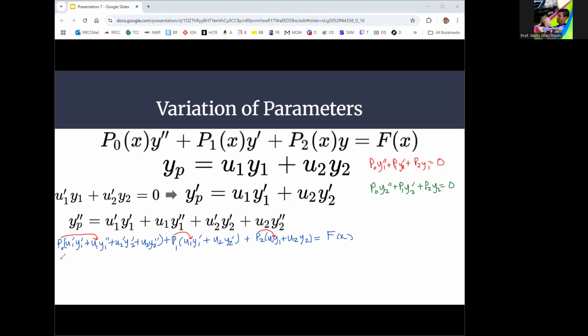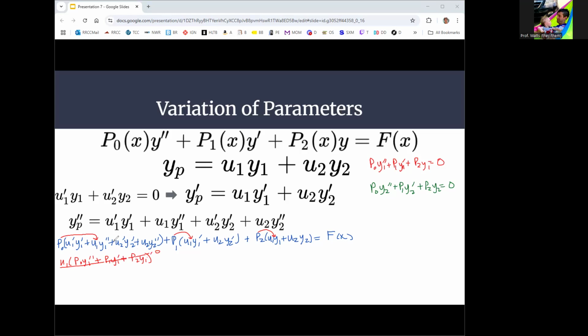All those terms have u1. So when you factor off the u1 on those three terms, you actually get that property that y1 is a solution of the homogeneous form, and boom, it's gone. That's all 0.